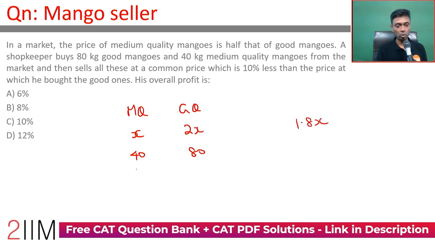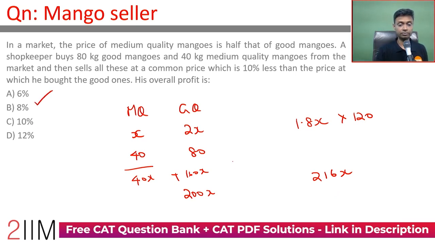So his total cost price is 40x plus 160x. His total selling price is 1.8x into 120. This is 200x. This is 216x, or a profit of 8%. 200x to 216x is nothing but 100 to 108, a profit of 8%.